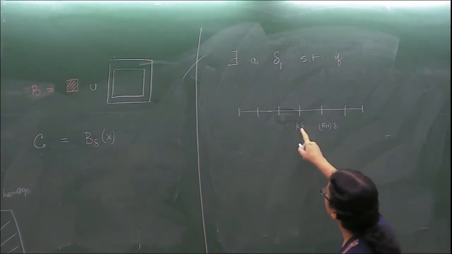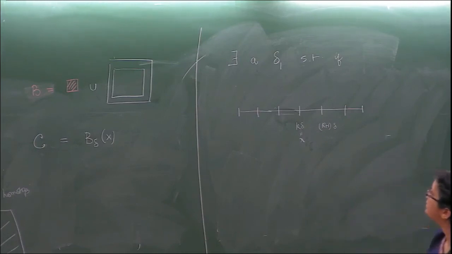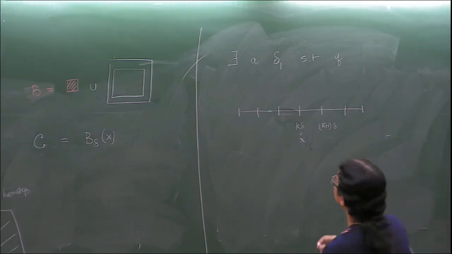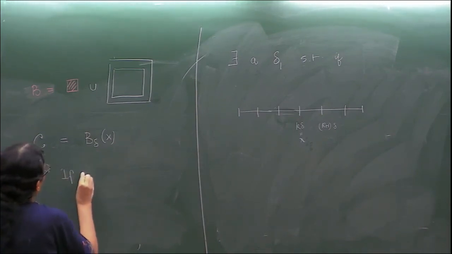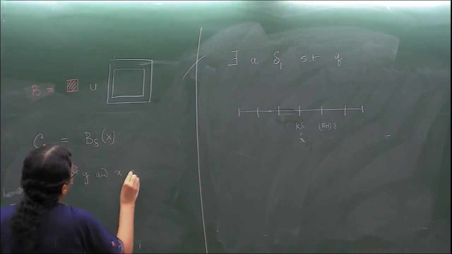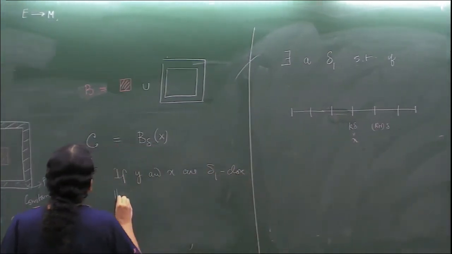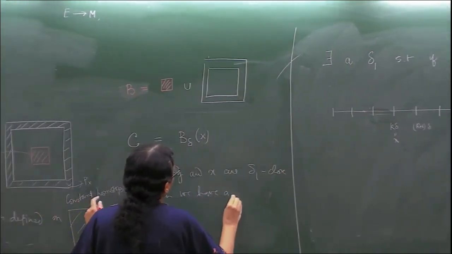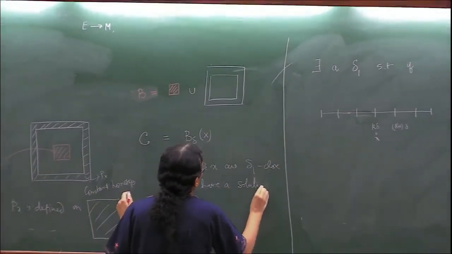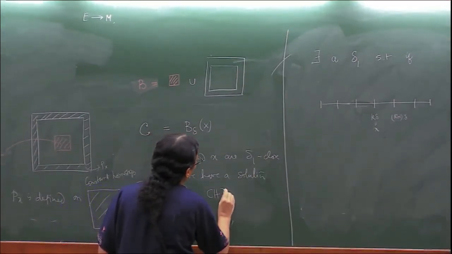So this would be my point x. What it says is, if y and x are sufficiently close, say delta 1 close, then we have a solution to this covering homotopy property.